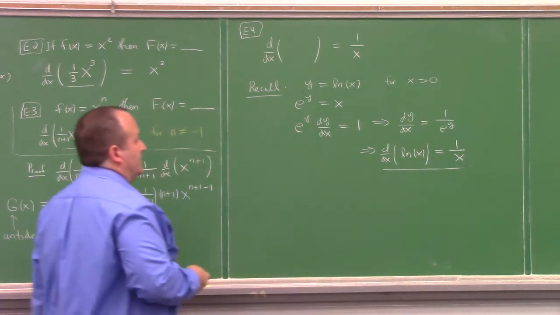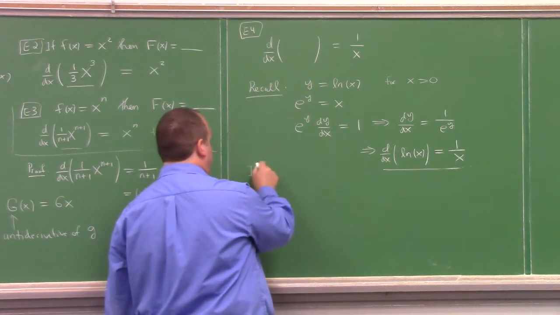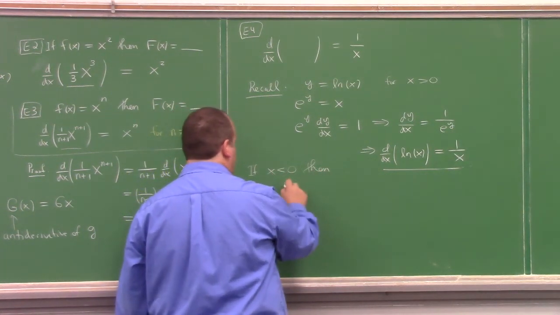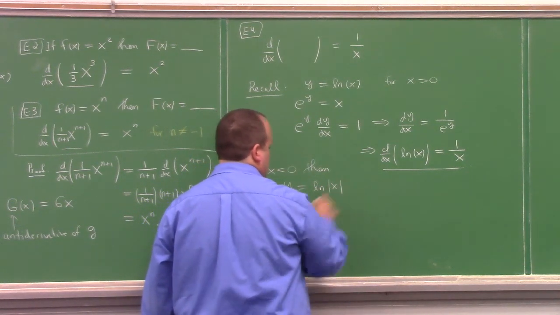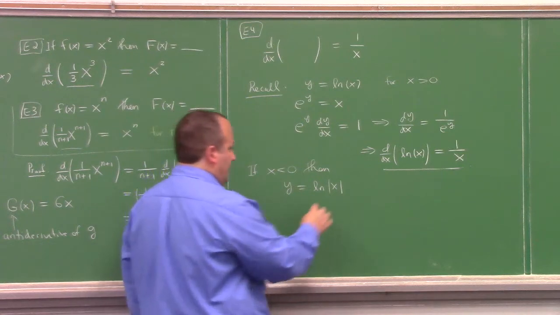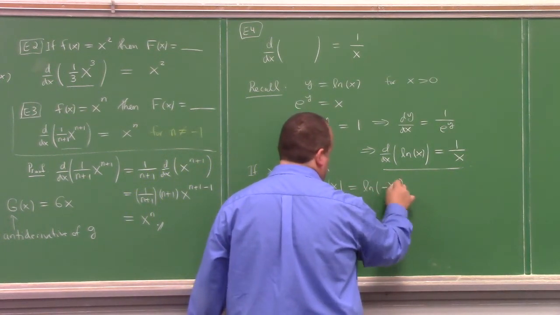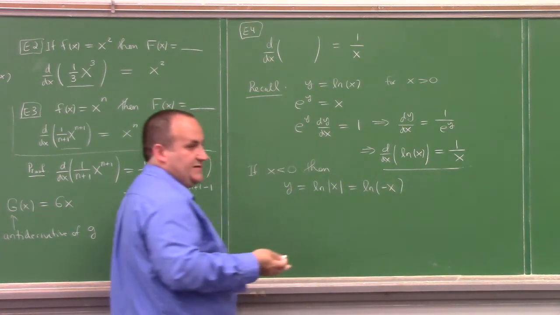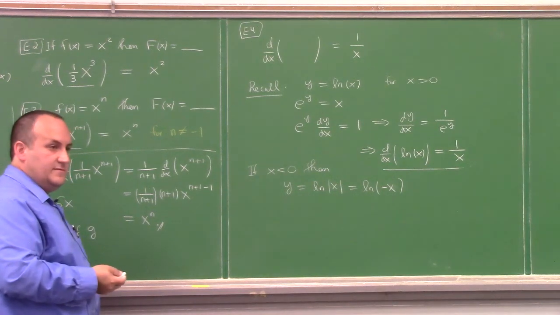What if x was less than 0? Then you could write y is equal to the natural log of the absolute value of x. And it would still be the case that that's the natural log of minus x. If x is less than 0, then the absolute value of x is minus x, so we have the natural log of minus x. And we can differentiate that by the chain rule.